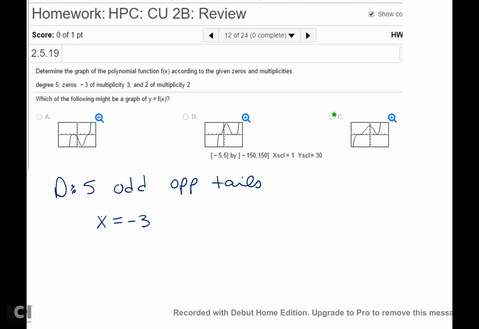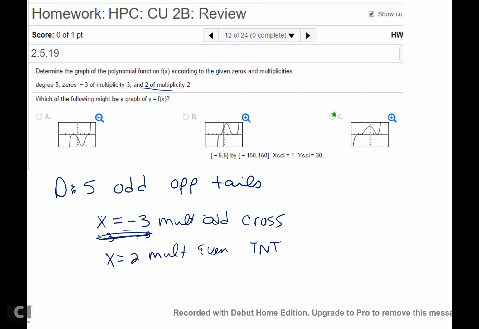So I'd have x equals negative 3, make it a factor, plus 3, plus 3. Oh, I don't even need to know all that. Since x equals negative 3 has an odd multiplicity, that means it's going to cross at negative 3. And it says I have a 0 at 2 with a multiplicity of 2, which is an even multiplicity, which means it will touch and turn there.